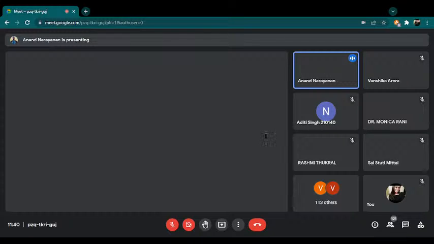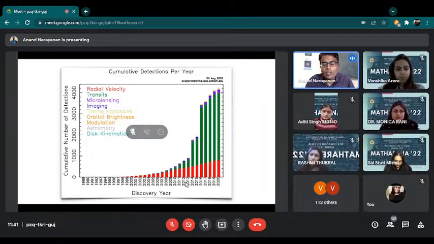In those years, the number of planets discovered has swelled to more than 1,000. As of date, we know of more than 4,500 extrasolar planets orbiting various stars, in a short span of 25 years.